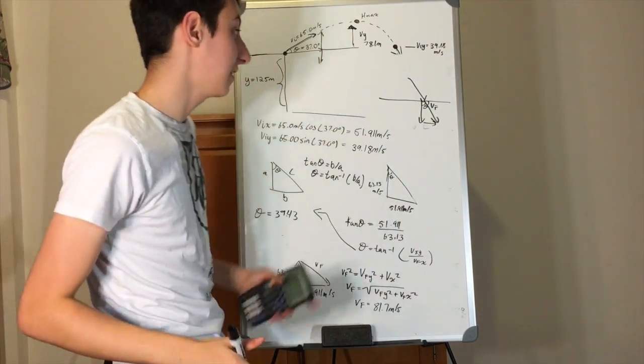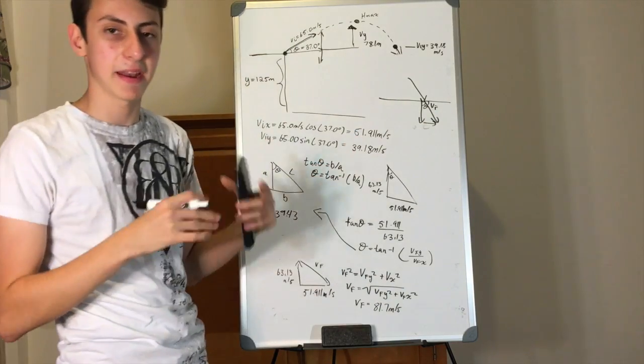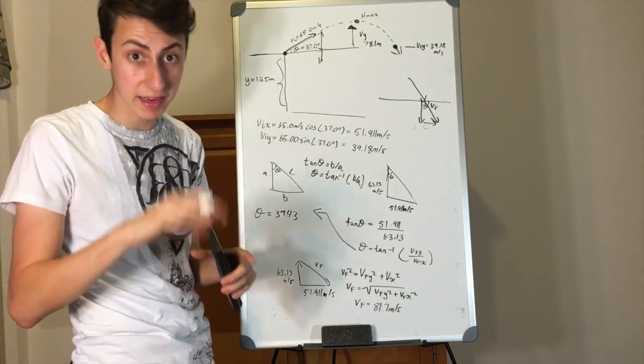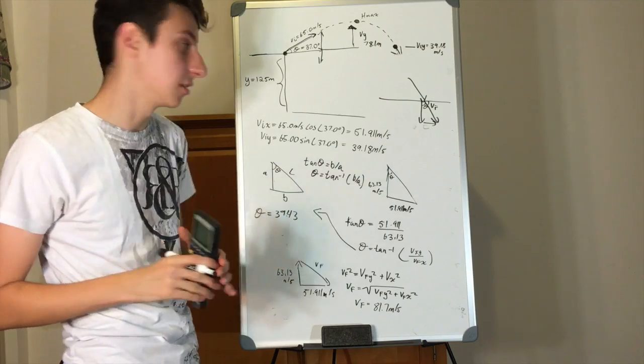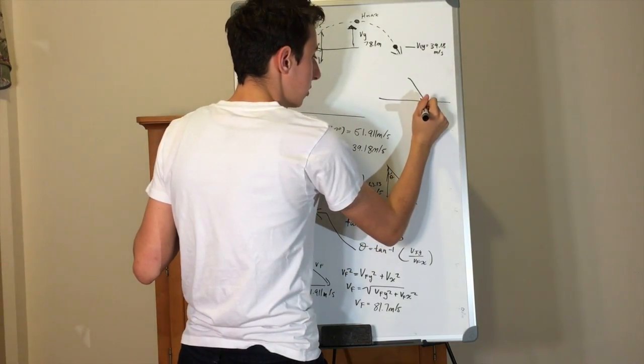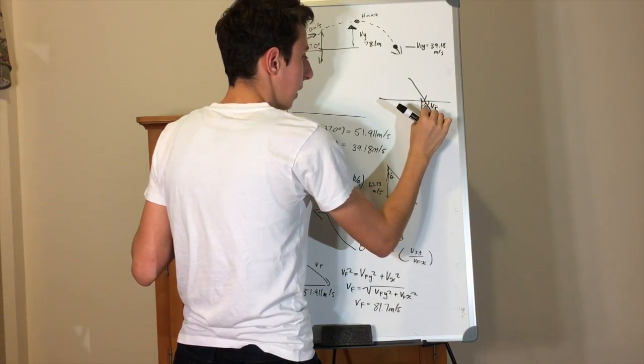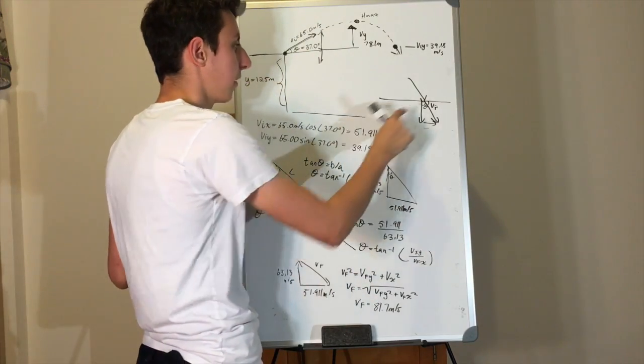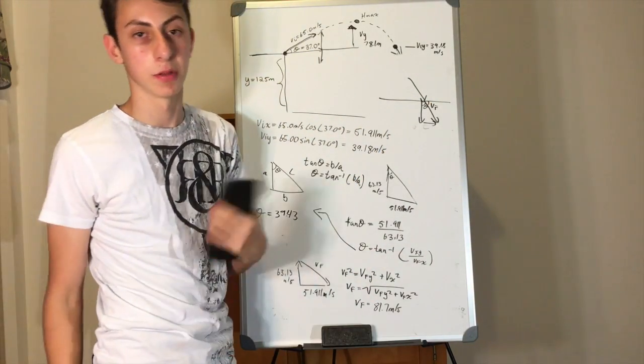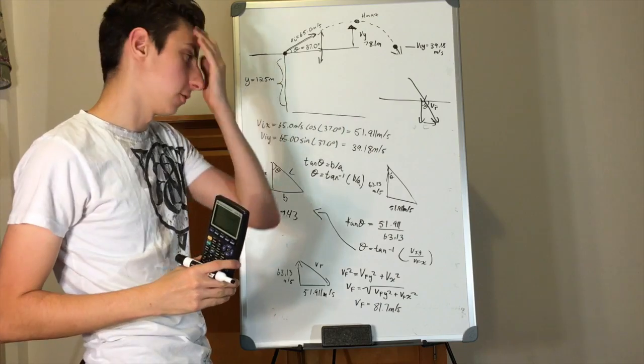And it's really easy. These are complements, meaning that they add up to 90 degrees. Complements add up to 90 degrees. So what we can do is subtract our theta that we found here from 90 to find the angle under the horizontal or below the horizontal for the final velocity.